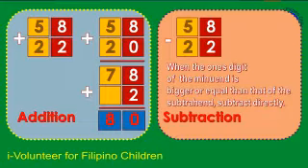When the ones digit of the subtrahend is smaller than the ones digit of the minuend, direct subtraction is preferred.